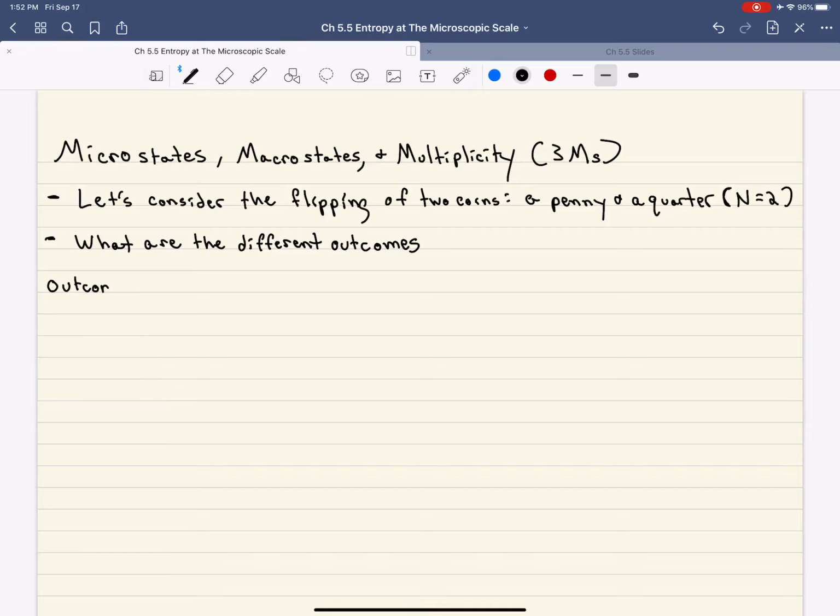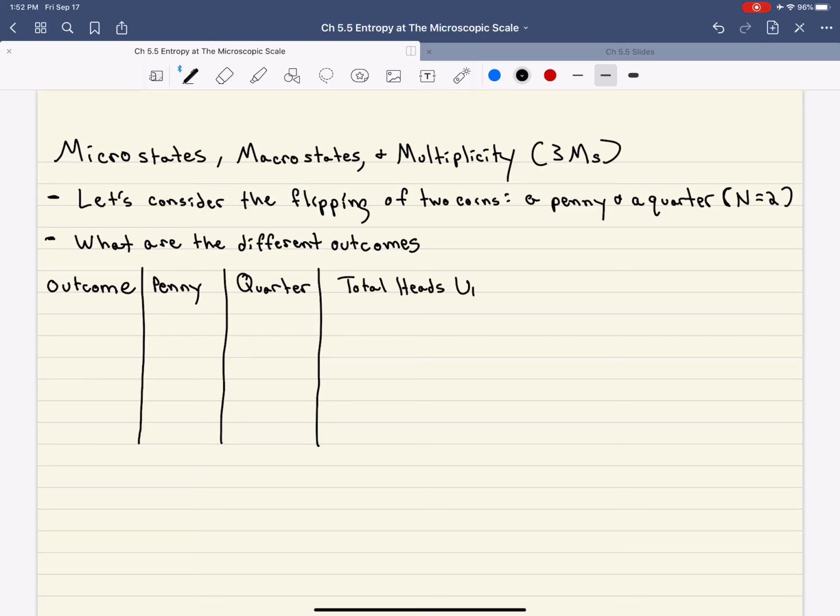And so to do this, I'm going to make a table where I just write outcome. One column is going to be the outcome for the penny, whether it lands heads or tails. Another column is going to be for the quarter. Okay? And then, in this last column, I'm going to count the total number of heads that are up for each of these different types of outcomes.